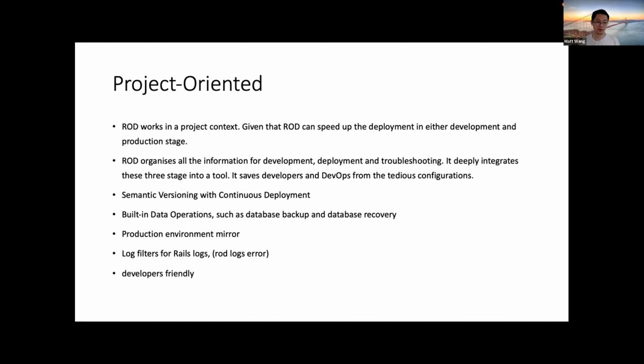So we may need to upgrade the online release. With semantic versioning, for each release, the command will allow the DevOps engineer or developer to type a description of the changes in this release, and it will help people check the release history and know what happened in this release.